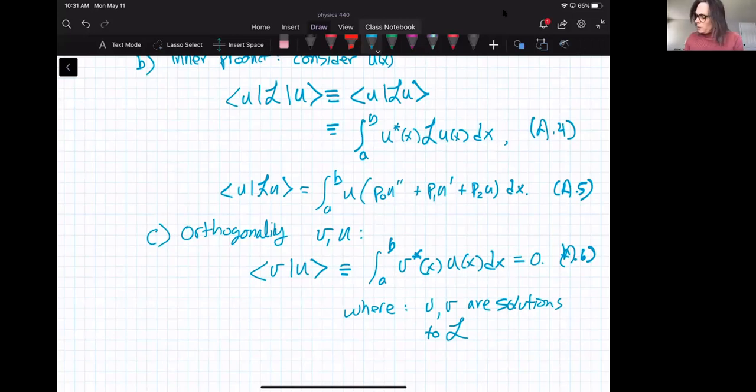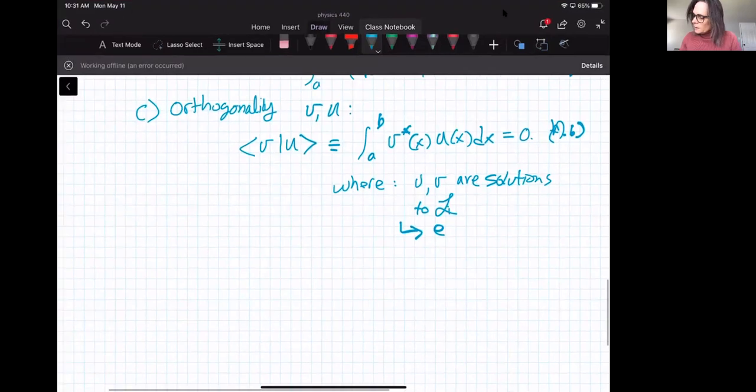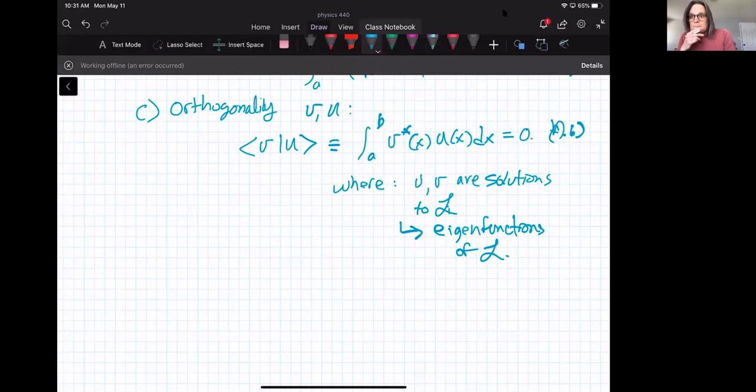And in fact, we'll be able to ultimately write them as eigenfunctions of L. And that's the whole goal here, okay?